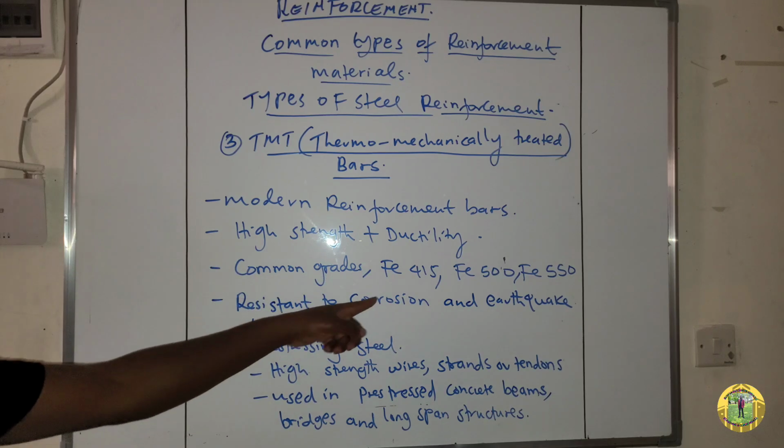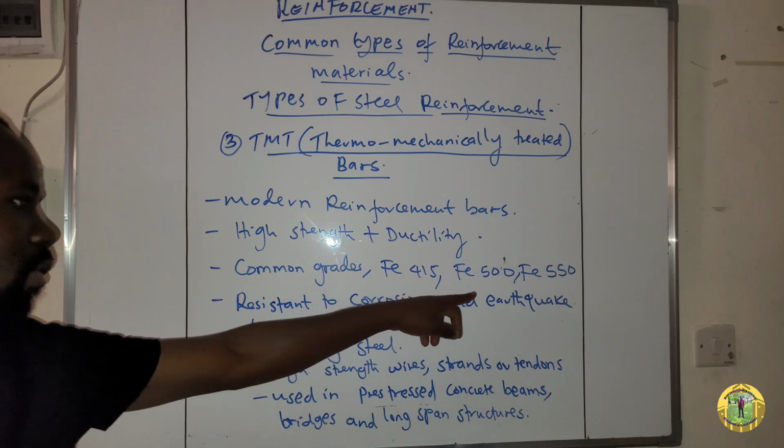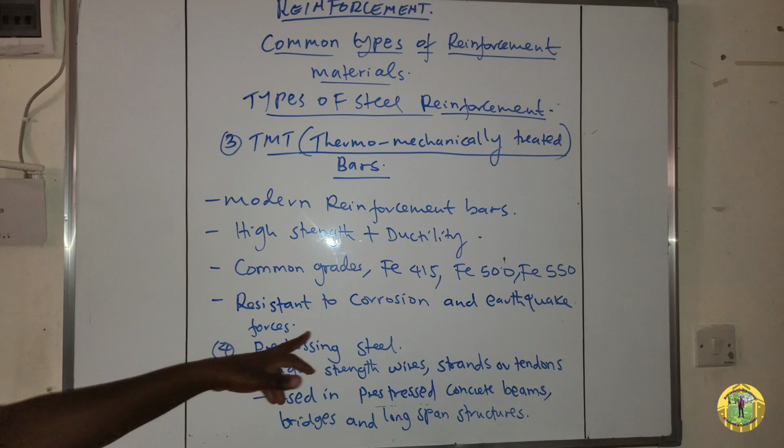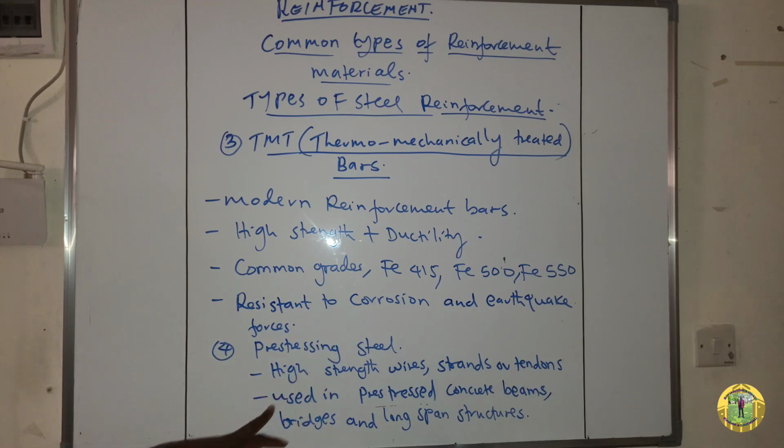Common grades are Fe 415, 500, and 550. They are resistant to corrosion and earthquake forces. And then you have the last one, which is pre-stressing steel. These are high strength wires, strands, or tendons used in pre-stressed concrete beams, bridges, and long span structures.